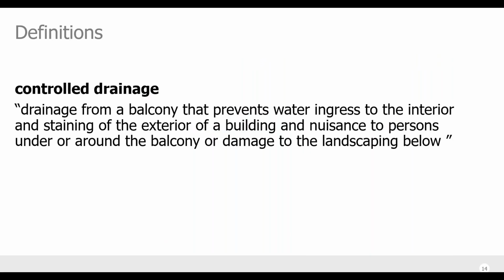More definitions. New terminology is introduced. Controlled drainage is a new term, which means drainage from balcony that prevents water ingress to the interior and staining of the exterior of a building and nuisance to persons under or around the balcony or damage to the landscape below. There are various other terms used for controlled drainage, but it was felt that controlled drainage was the most succinct and explanatory term here. Next slide.